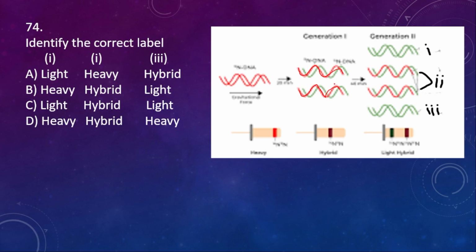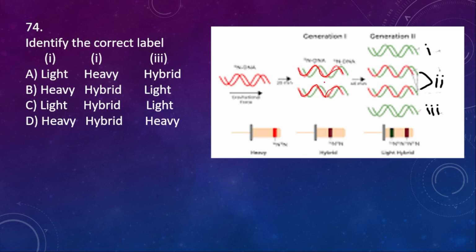The newly formed will be light because this is heavy, which is multiplied in the heavy isotope labeled medium. Once the first generation comes, there is a semi-conservative method.